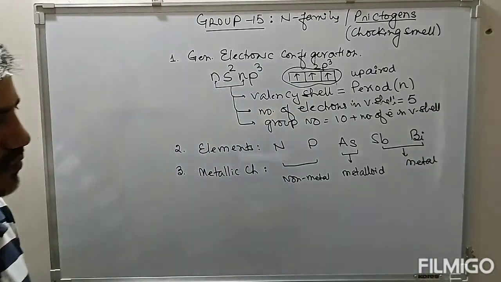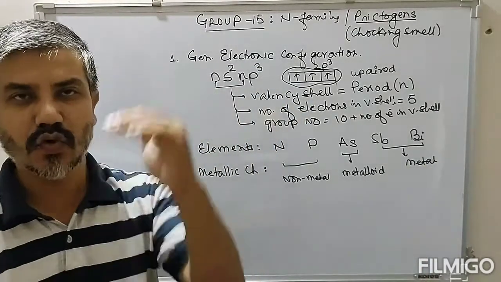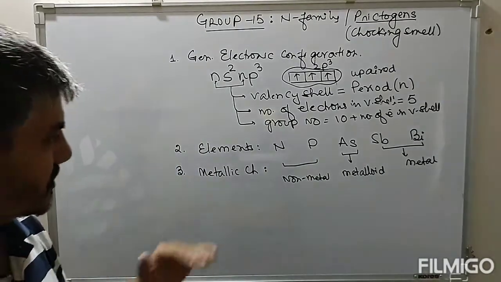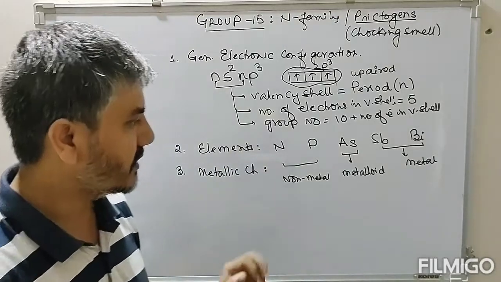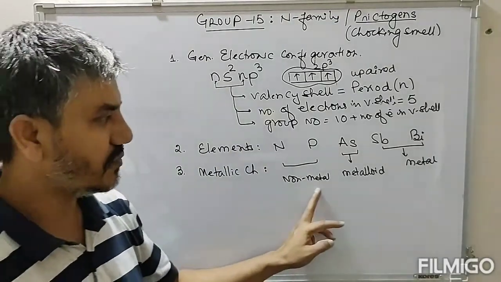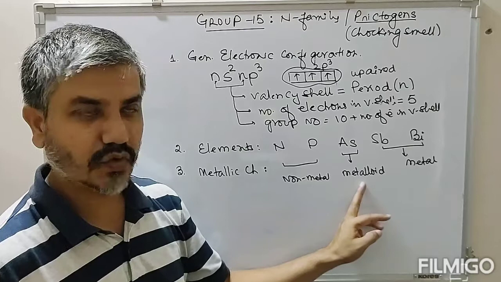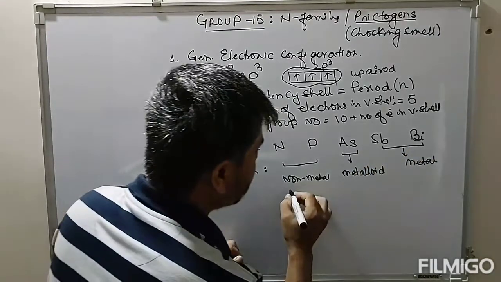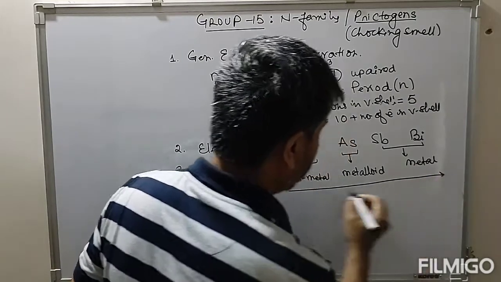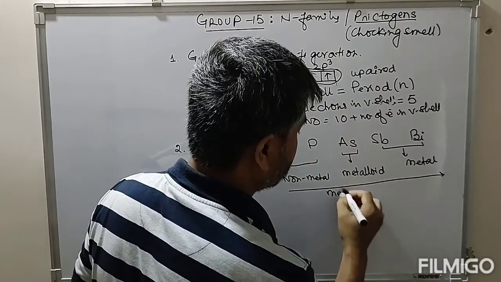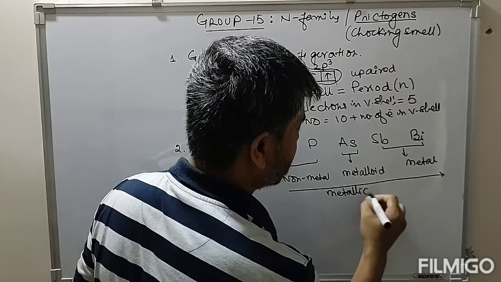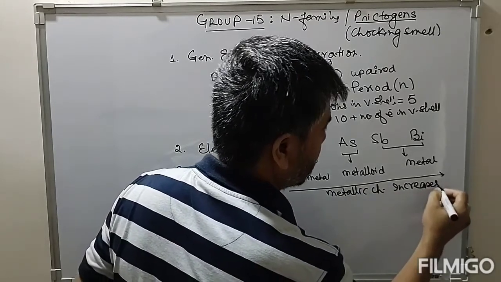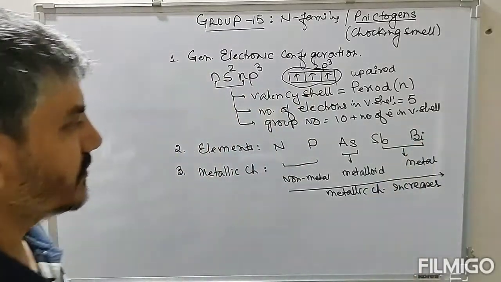So the general characteristic, that moving down the group the metallic character increases, you are seeing the same behavior here. The first two elements are non-metals, the third element is a metalloid, and the fourth and fifth elements are metals. That is, moving down the group, metallic character increases.